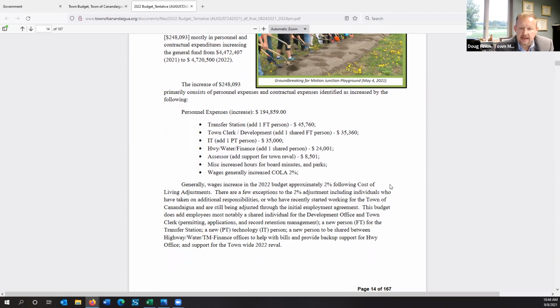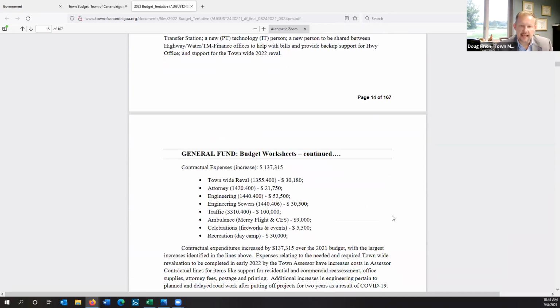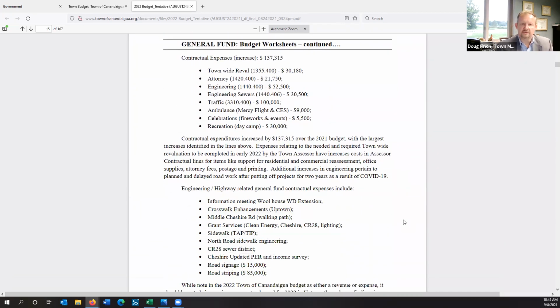It includes adding a shared person between a couple of different departments, some IT, another shared person with highway, water, assessor, and that relates to a townwide reval that's coming up for this next year, and increased hours for minutes as we continue to work on things like hybrid meetings and sharing some of that information. So some of the detail associated with that, I won't dig into a lot. On the contractual side, that's also shown here in terms of some additional expenses proposed for 2022, and some of the details there.